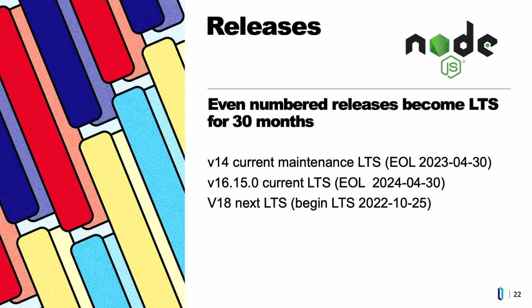The reason why the community is doing it is this gives everybody a 6-month window to update the libraries before the current release becomes the LTS. Odd-numbered releases become inactive after 6 months. So again, don't use these for production environments. Okay.